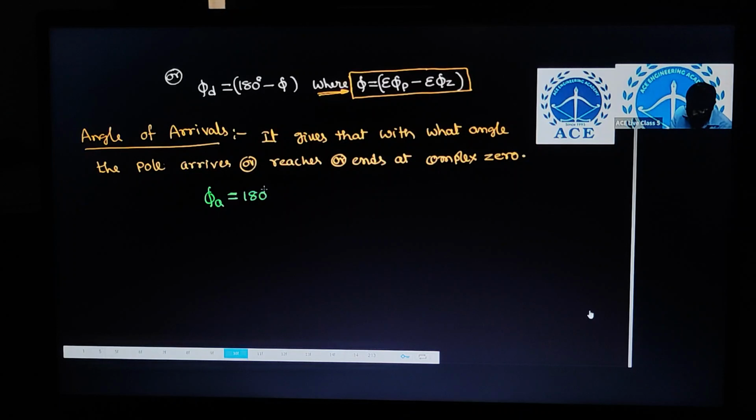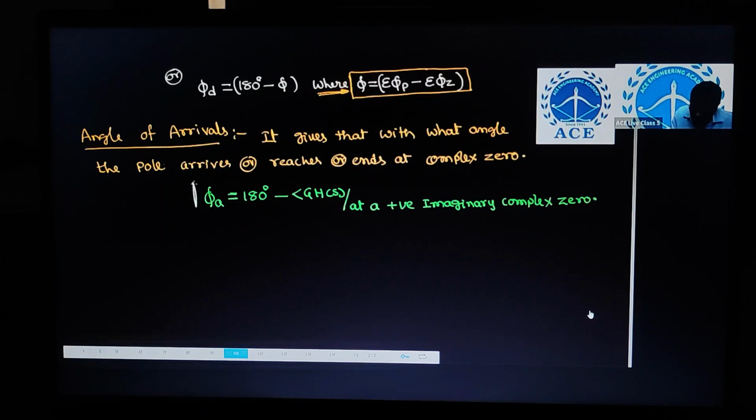Angle of arrival formula: phi A equal to 180 minus angle GH of S, at a positive imaginary complex zero. Okay?